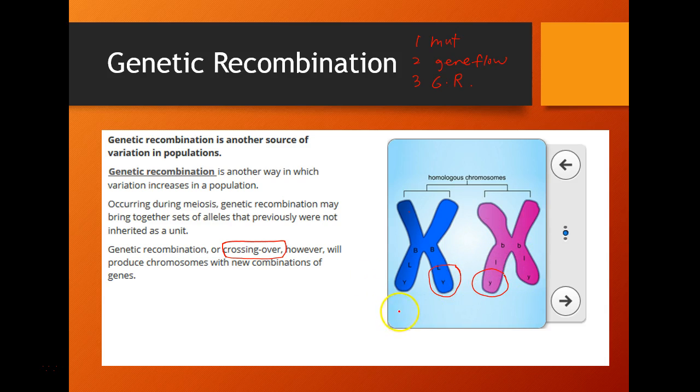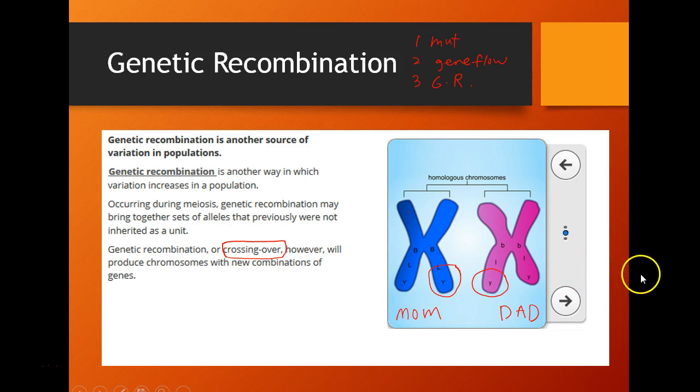So this would be an example of what you get from your mom and what you get from your dad. Okay, so let's say that these are all the genes you got from your mom and these are all the genes you got from your dad. And theoretically, in your sex cells, if there was no crossing over, then you would either give genes all from your mom or genes all from your dad for that particular chromosome. But that would only give you a certain amount of combinations, which decreases the amount of variation.